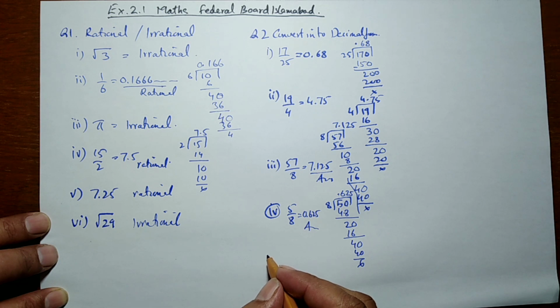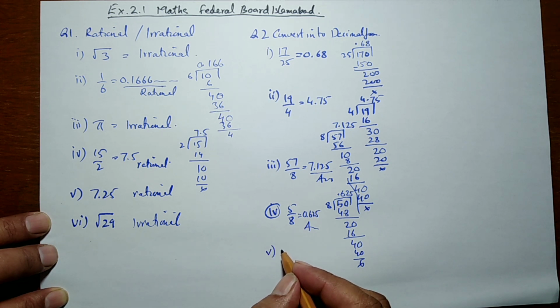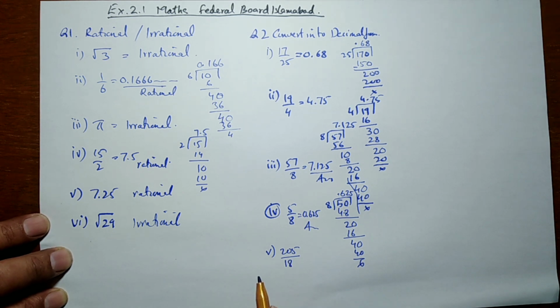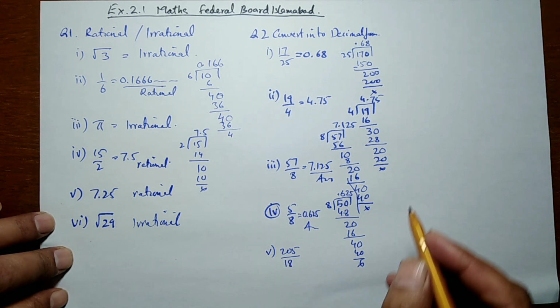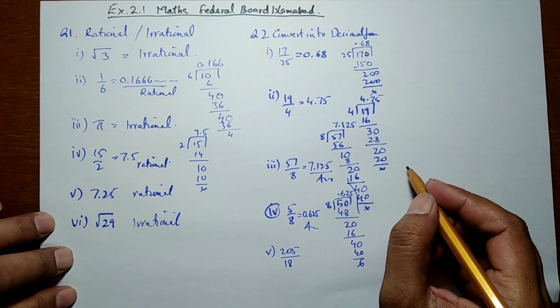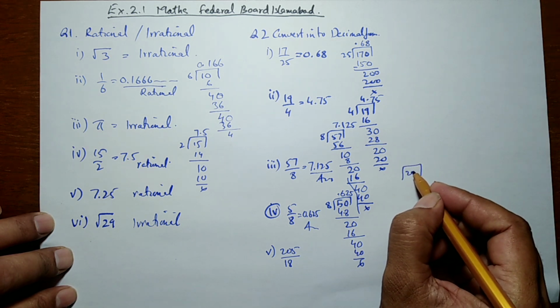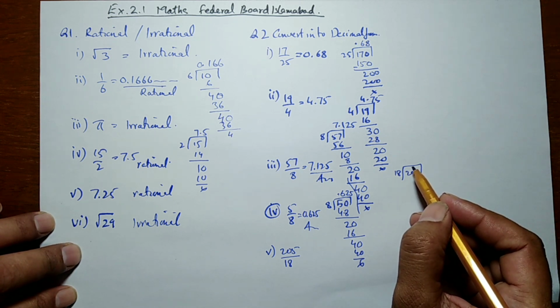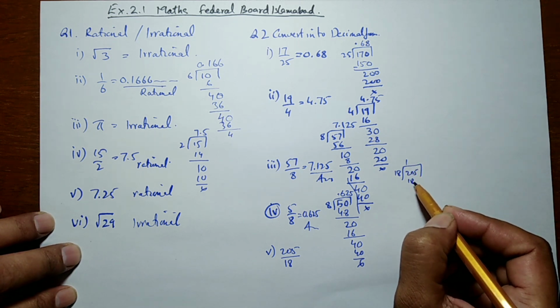And the last, no, not last, this is the second last question. 205 divided by 18. Okay, let's divide this. 18 1s are 18.